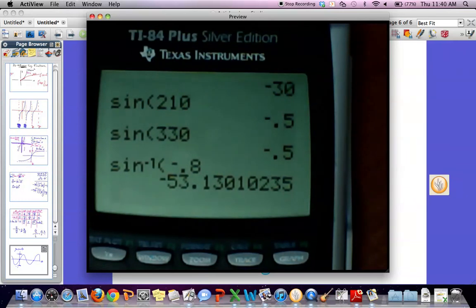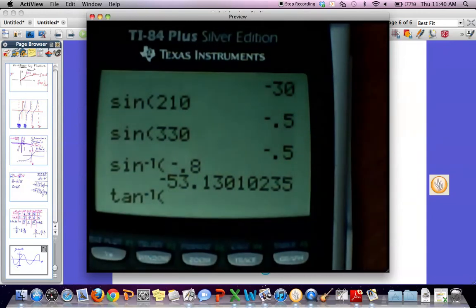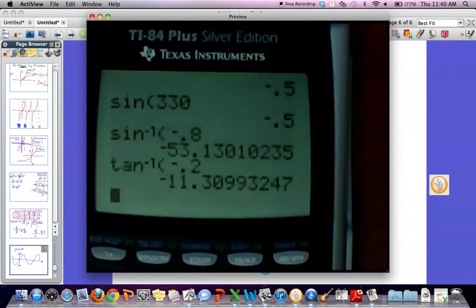Same thing holds true for tangent. If I say the inverse tangent of negative 0.2, it's negative 11 degrees. If they say, give me the answers between 0 and 360, you can't say negative 11. What can you say? Well, what's 360 minus 11? We'll just say 11 because it's easier. 360 minus 11 is 349.